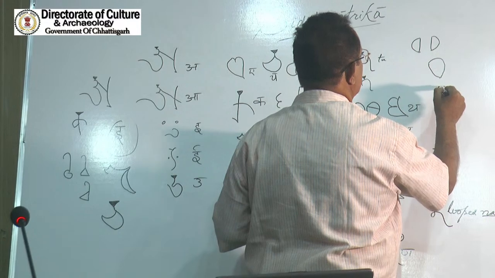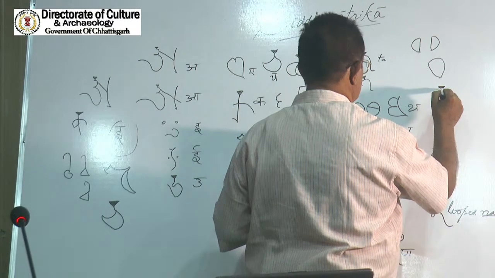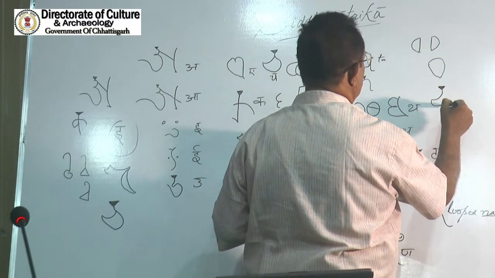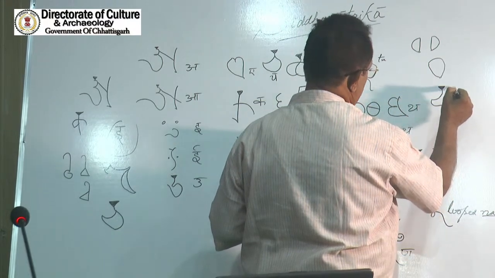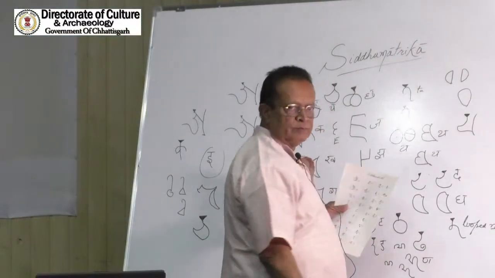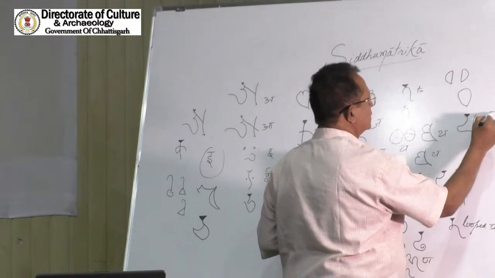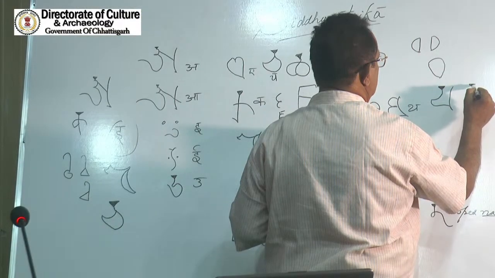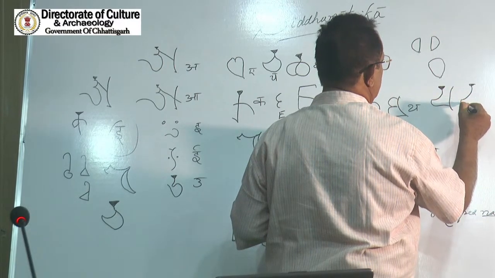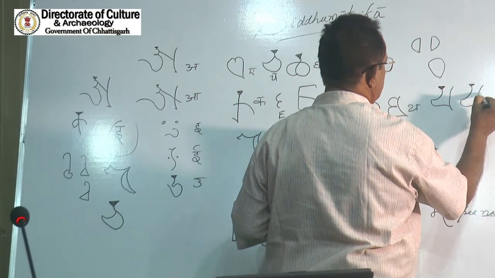First again you start with a small triangular, this one, and then give a curve. You leave it like this, and then you attach a stroke. It's like this. First you write this one, and the left arm you try to write like this, and then give a curve, leave it, and then you can attach on.